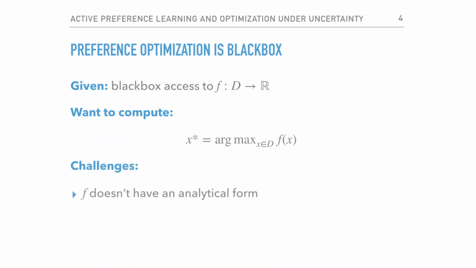The first is that f doesn't have an analytical form, or sometimes we don't have access to it. So we don't know how the function values f of x are being generated. Another challenge is that obtaining function values is expensive, either in terms of time or money or some other safety critical condition.